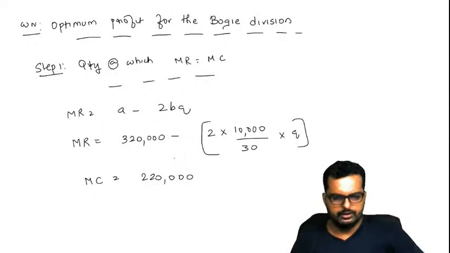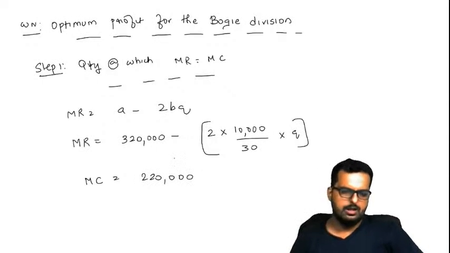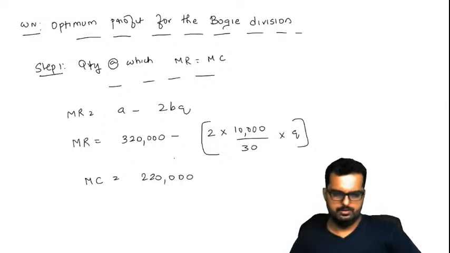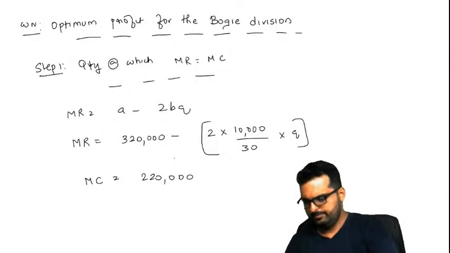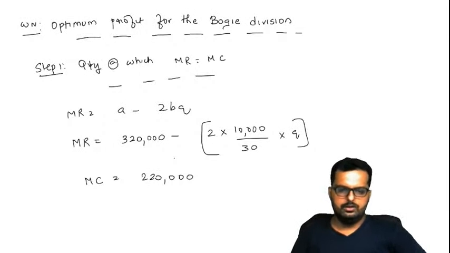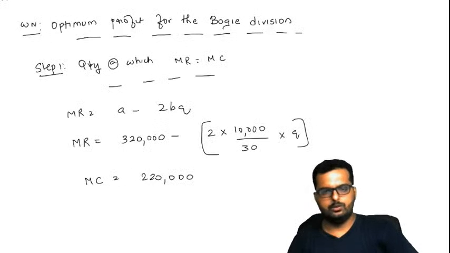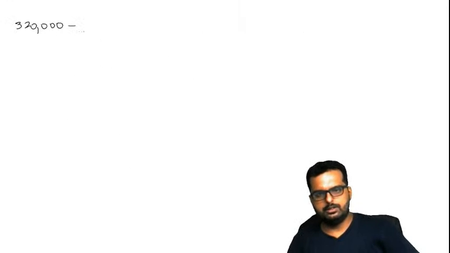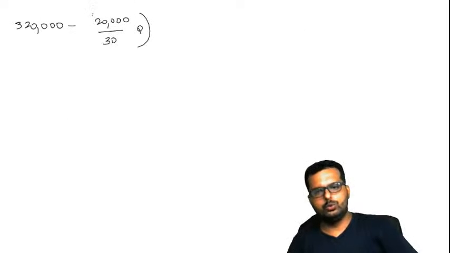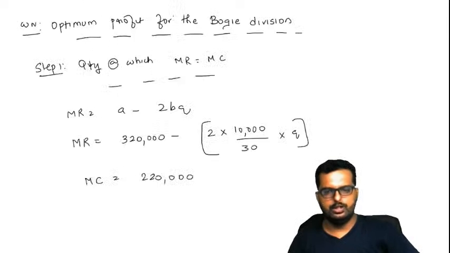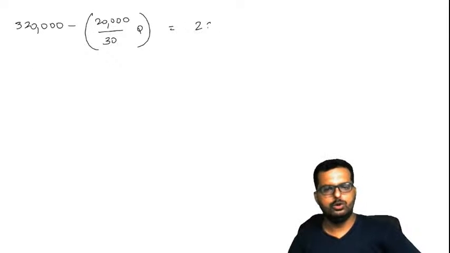From this, can we not create an equation? 3,20,000 minus 20,000 by 30 into Q should be equal to 2,20,000.